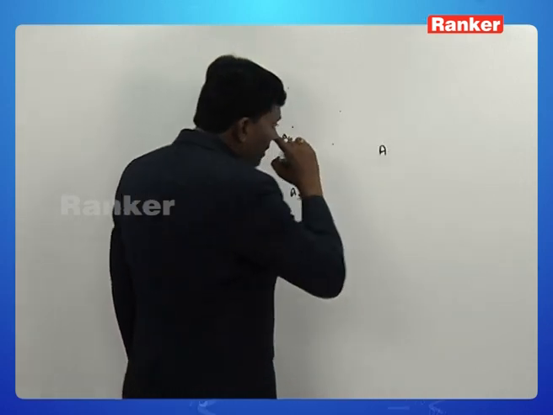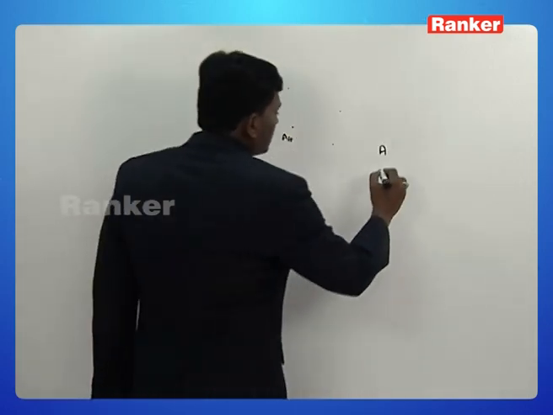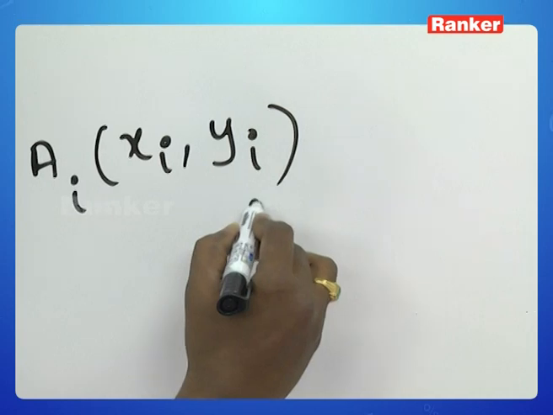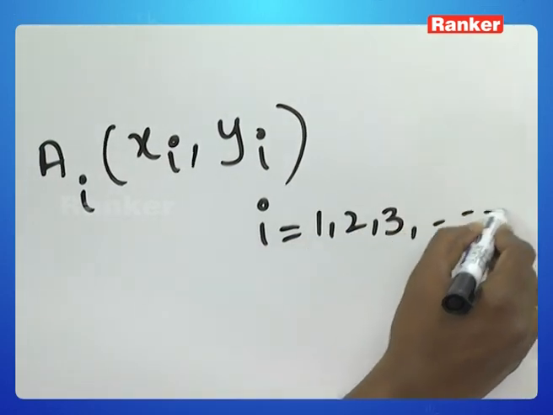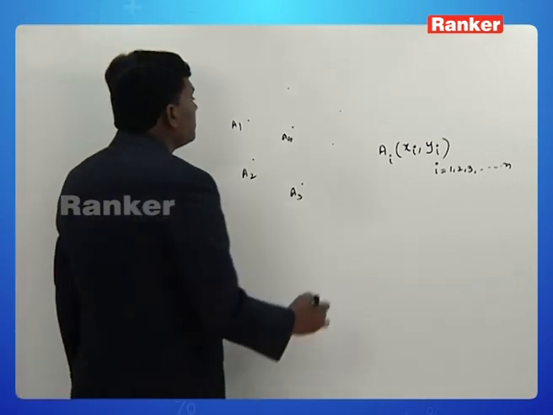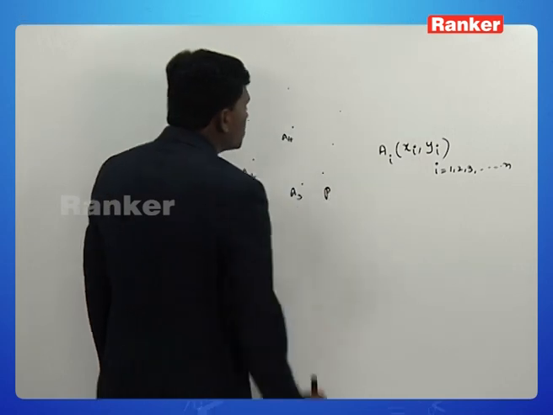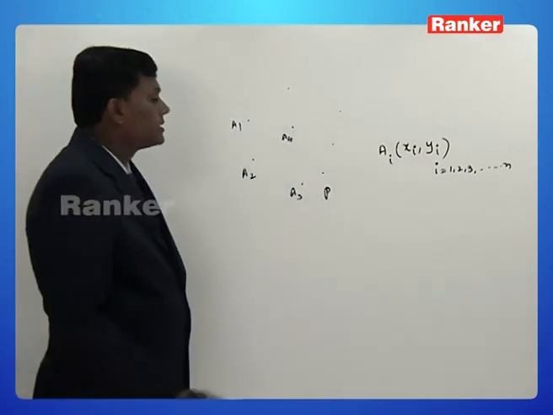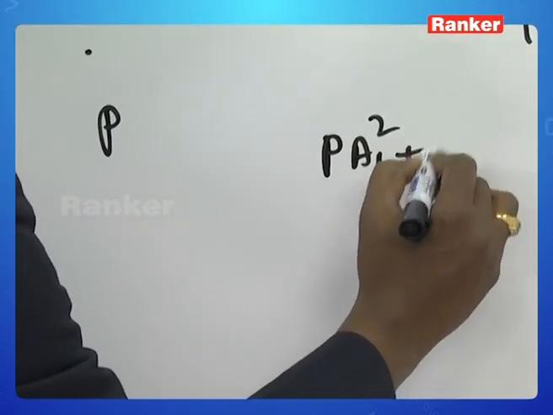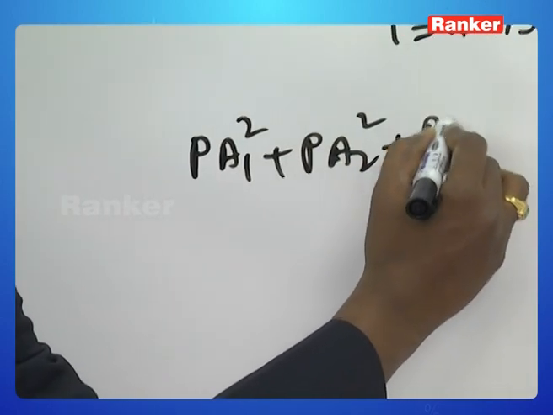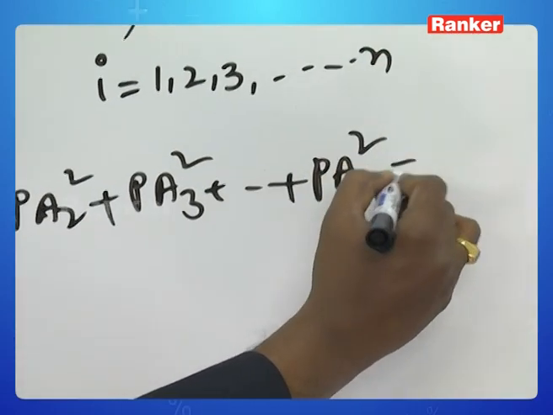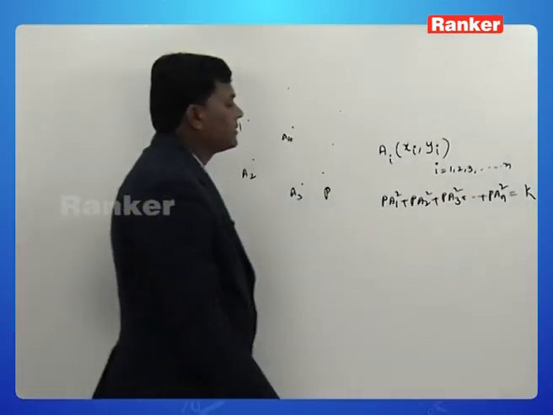I am taking the coordinates of all these n points as Ai (xi, yi), where i is taken from 1 to n. N fixed points are given, and P is a variable point chosen such that PA1 square plus PA2 square plus PA3 square and so on up to PAn square equals a constant k.